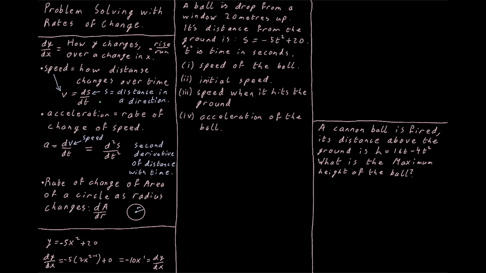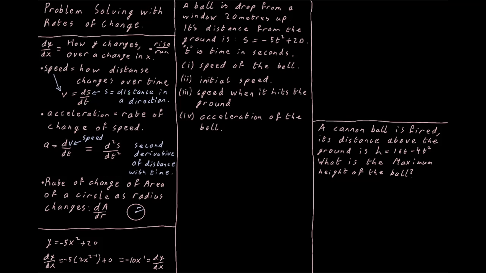So the way that we can write this using our derivatives is using some letters that we might not expect. V is the letter we use for speed, because what we're actually using is speed in a particular direction, which is called velocity. So it's V for velocity, but we can think of it as speed. And we're looking at the rate of change of distance over time.